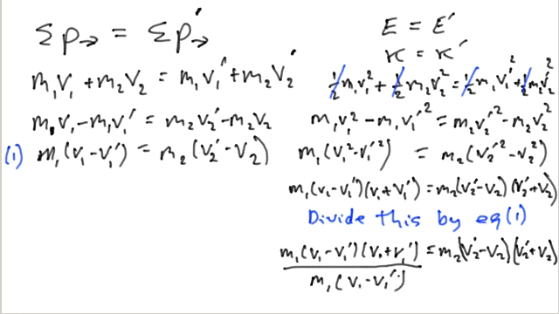And on the right, I'll divide by the right-hand side of that equation. I'm dividing both sides by the same thing because this is equal to that. And that's a legitimate step in algebra, dividing both sides by the same thing.